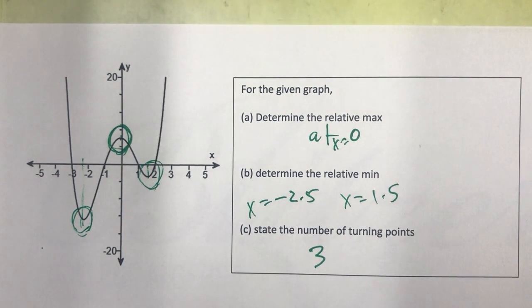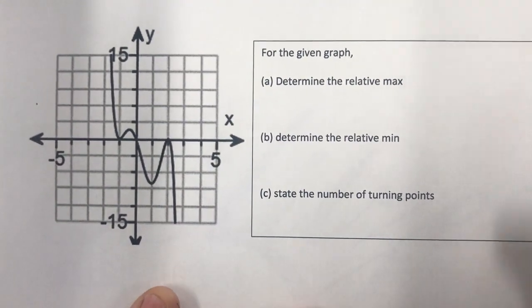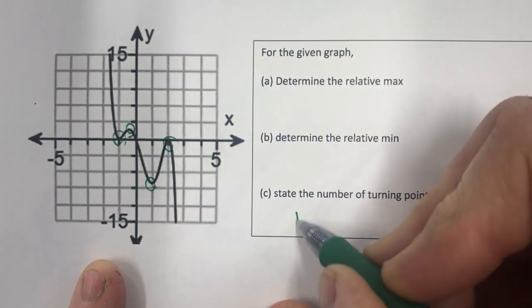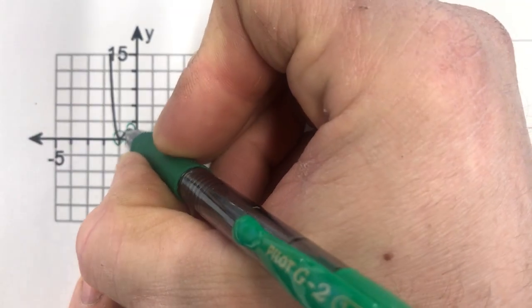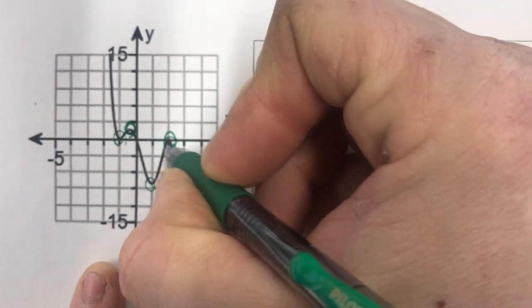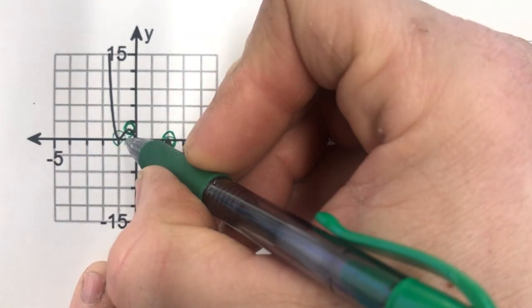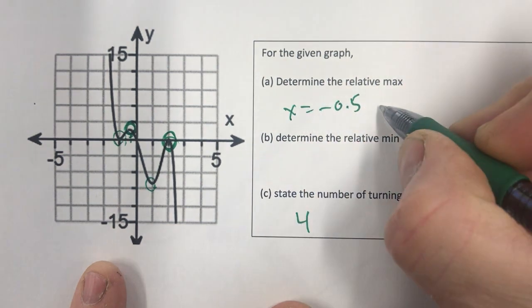Okay. And then one more. The turning points here. 1, 2, 3. There's 4 turning points. What's the relative max? Right here's my relative max here and here. So this one looks like it's negative 0.5. So x equals that.